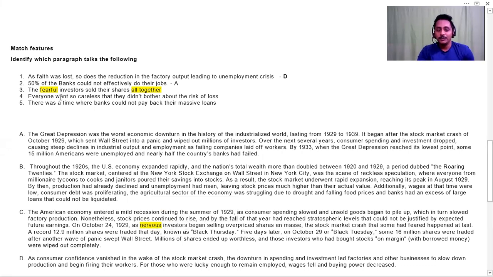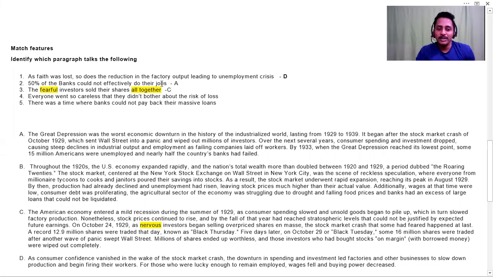Now, Kanchan, nervous is with respect to fearful. Investors began selling shares altogether. They were so nervous that the market was falling down. They sold everything. And that's where Black Thursday happened, on October 24th, 1929. You could guess it. It is not A, it is not B. C, very clearly told nervous. So this will be C.